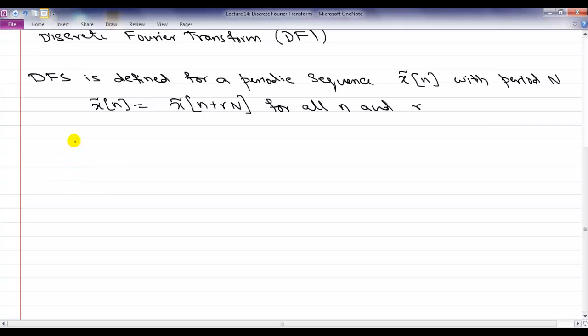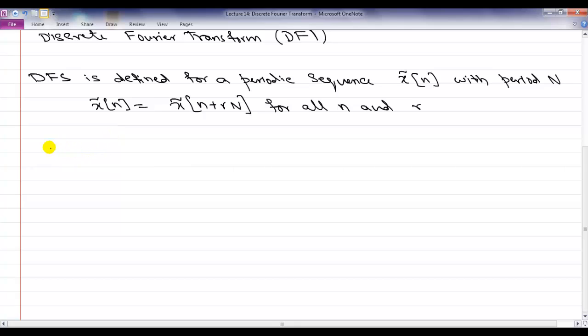Now, we know from the Fourier series in continuous time, if you are given a periodic signal, then the continuous Fourier series tells us that we can represent that signal as a linear combination of an infinite number of harmonics.